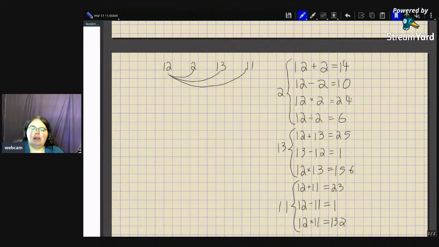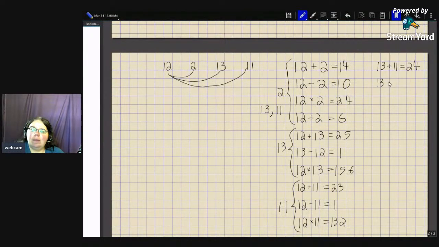Okay, so we know the 12 has to be paired with something. So somewhere in these options, we should have a route to 24. So now let's look within each of these at what the options would be to do with the other 2 numbers. So for 12 and 2, the other 2 numbers would be 13 and 11. So 13 plus 11 would be 24. If I could get a 0, that would be great, but that's not on my menu.